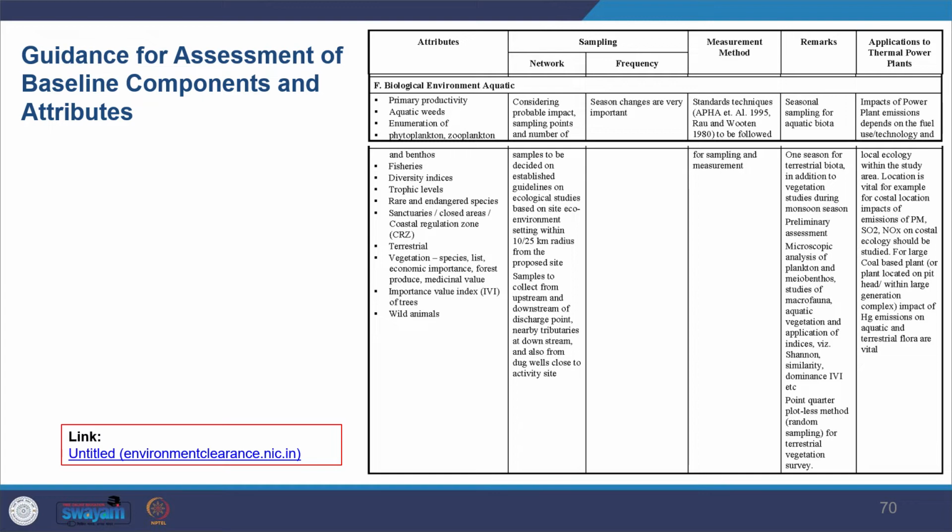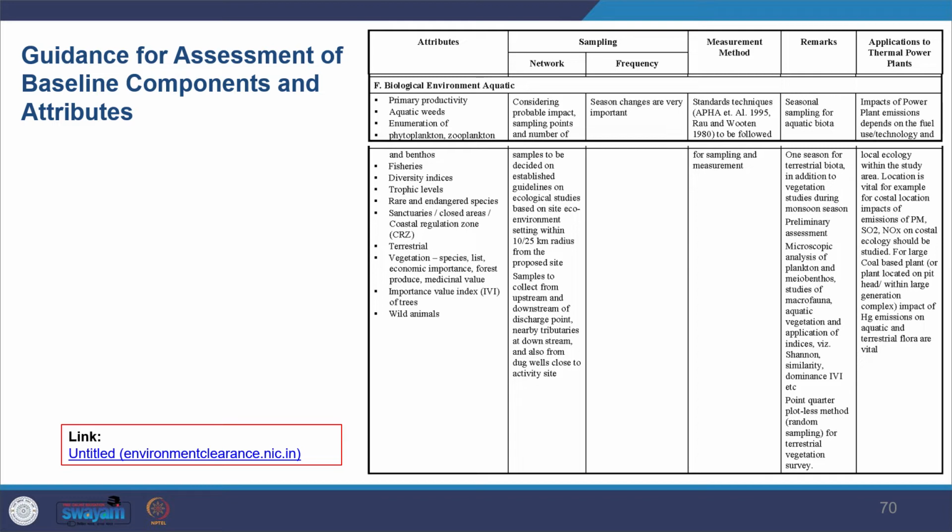Then you can see that for the biological environment, aquatic, you need to have primary productivity, aquatic weeds, enumeration of phytoplankton, zooplankton, and so on, and benthos, fisheries, all that, and then what kind of sampling has to be done, how that has to be collected, and what kind of measurement method you will need.